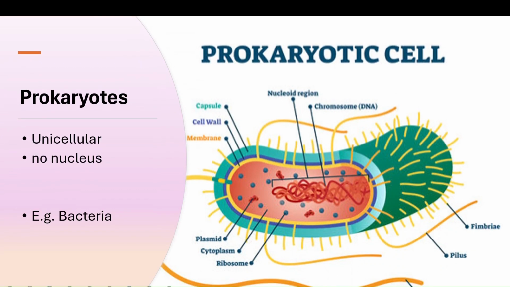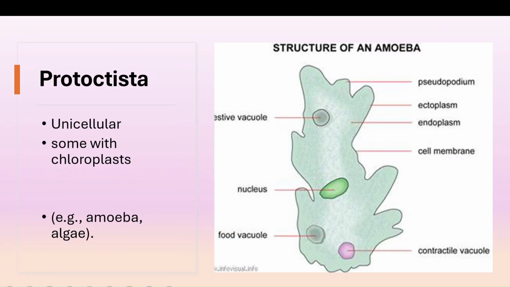Next, we look at prokaryotes. Prokaryotes are tiny, unicellular, and they have no nucleuses. For example, bacteria are prokaryotes. Next is protoctista. Protoctista are mostly unicellular. Some have chloroplasts, and examples of these are amoeba and algae.